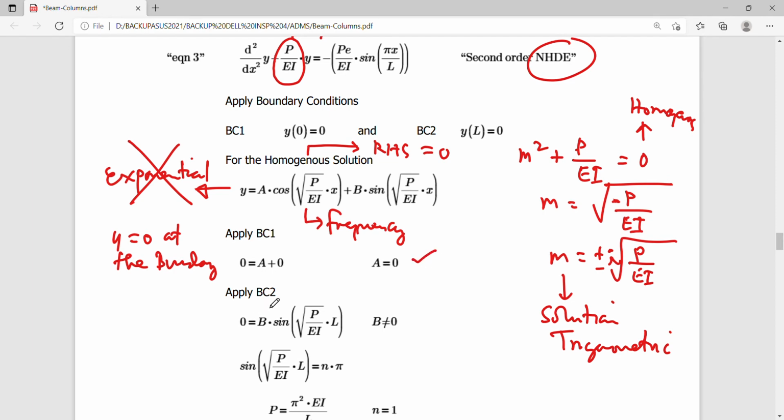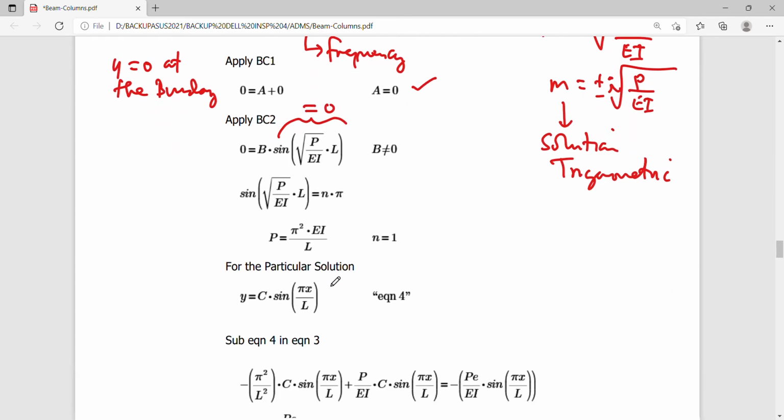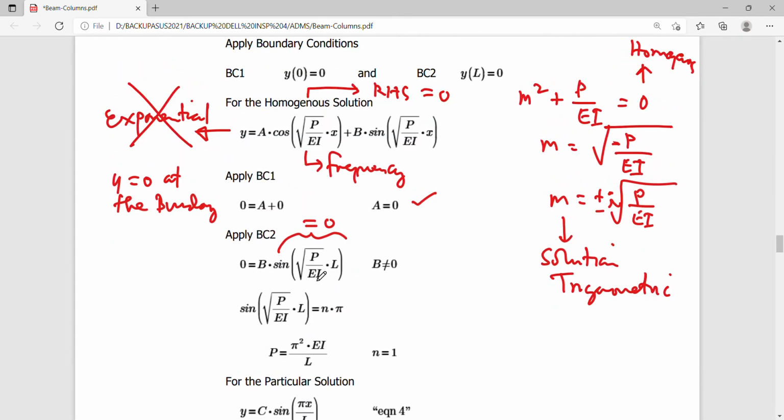Apply boundary condition 2 on L. So at x equals L, this is 0. What will remain is b sine of square root of p over EI times L. b cannot be equal to 0 because this is a coefficient that will make your solution non-trivial. So this is the one that is equated to 0. But the sine of an angle equivalent to 0 is always a multiple of pi.